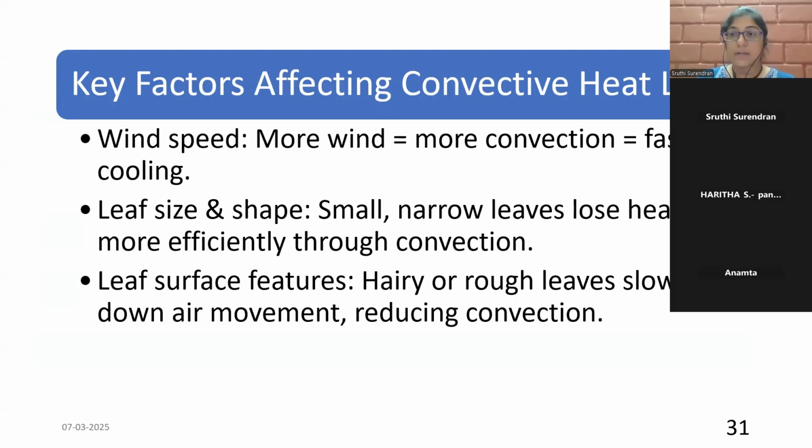Again, this is also a function of the size and shape of the leaves, because smaller and narrow leaves will have smaller boundary layer, and larger leaves or hairy rough surface leaves will have larger boundary layer, which is going to reduce convection because it has to fight the resistance from the boundary layer to a larger extent in comparison to a smaller layer.